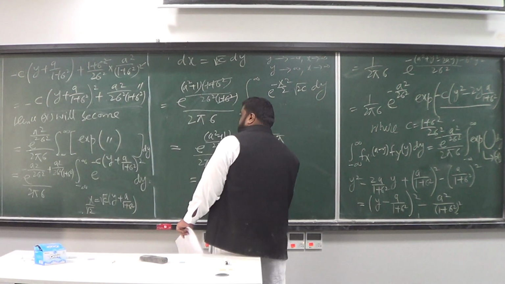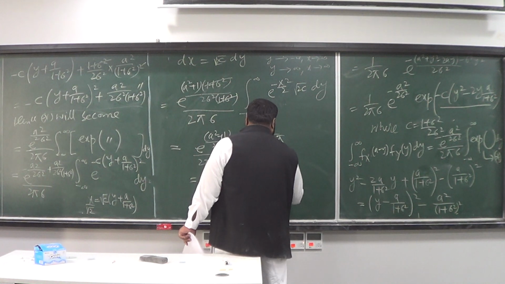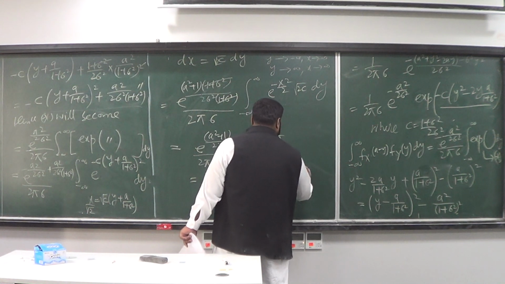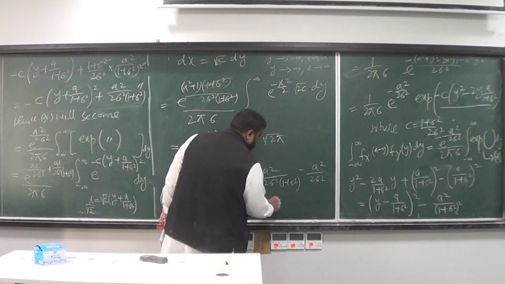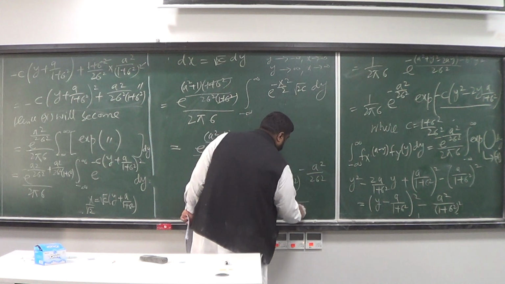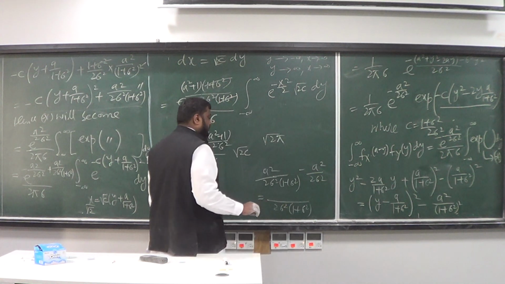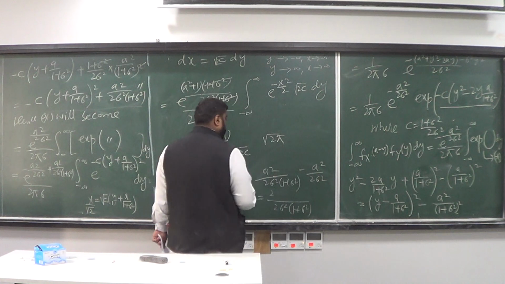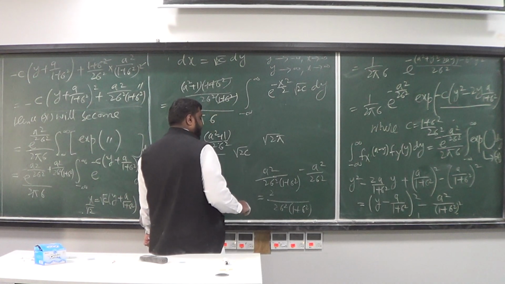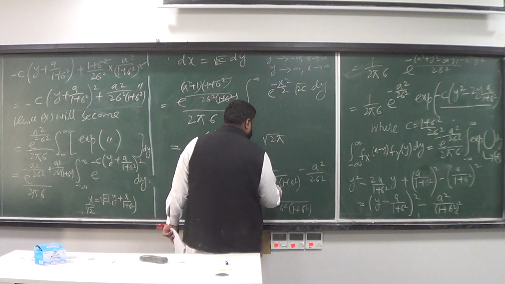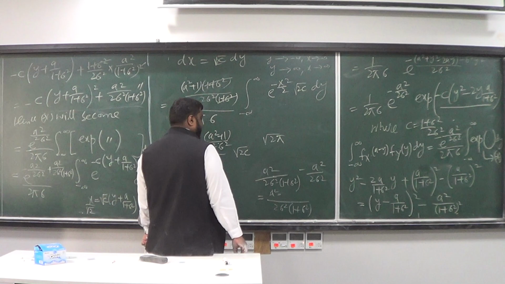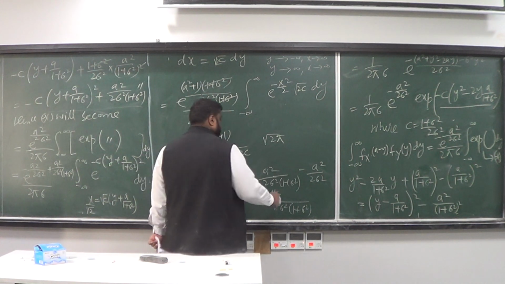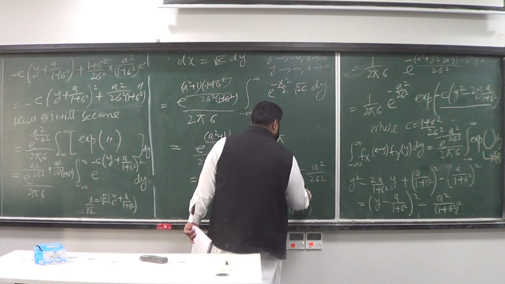So you have a square over 2 sigma square 1 plus sigma square minus a square over 2 sigma square. If you simplify it, you're going to get 2 sigma square 1 plus sigma square and 2, so it's going to be a square, minus a square 1 plus sigma square.